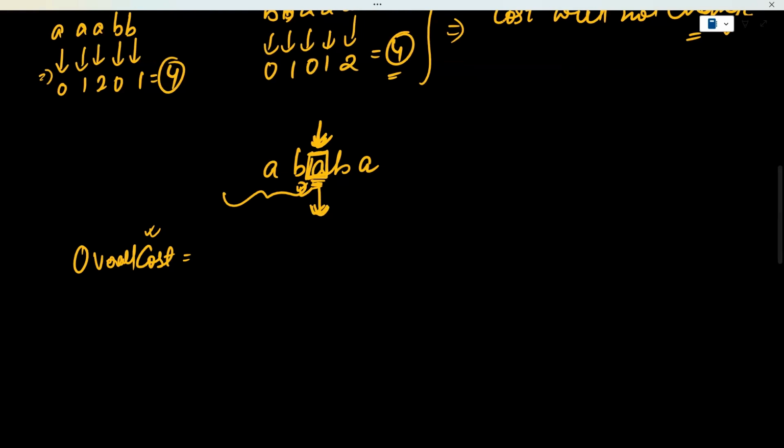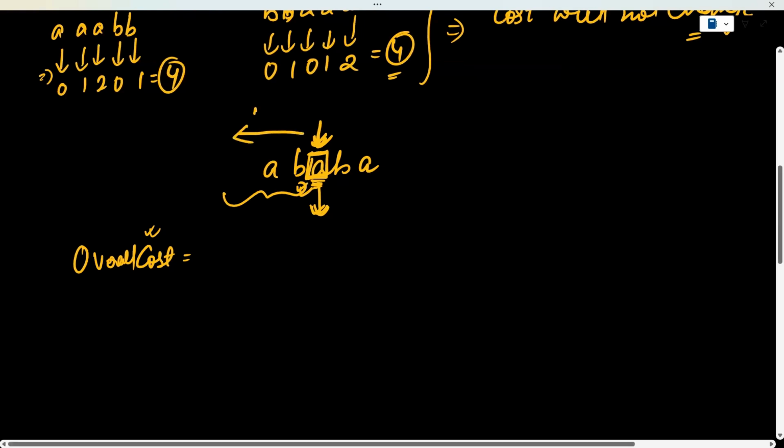And for this A, the cost is 2. Why? Because of this A and this A. That means in overall cost, because of this A also, 1 has been added.